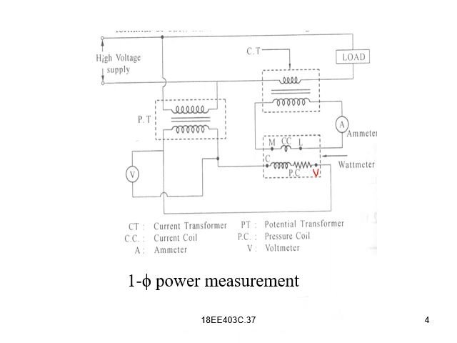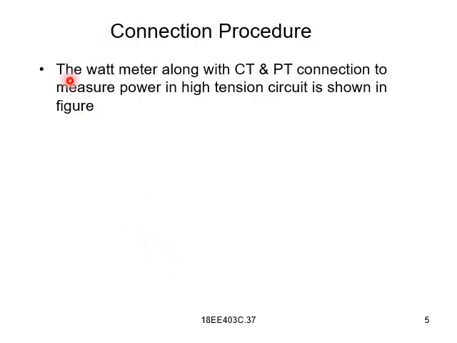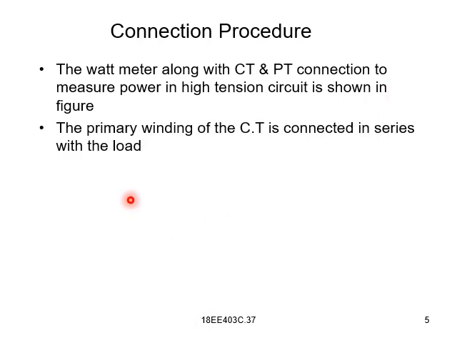I'm moving on to the next connection procedure. You can see the wattmeter along with CT and PT connection to measure power in a high tension circuit, as shown in the previous slide.